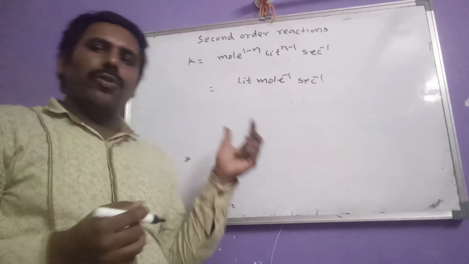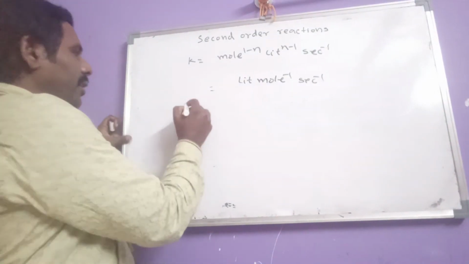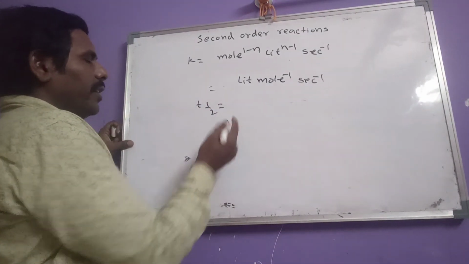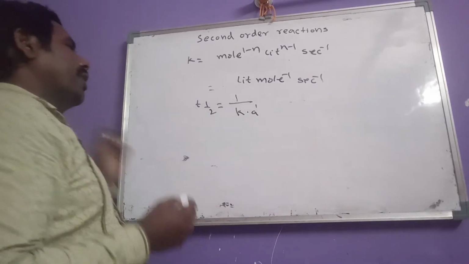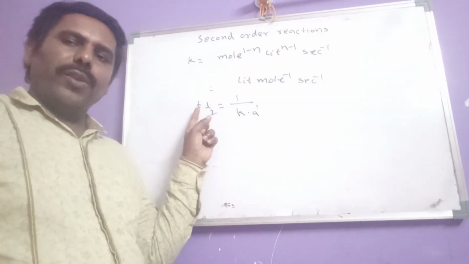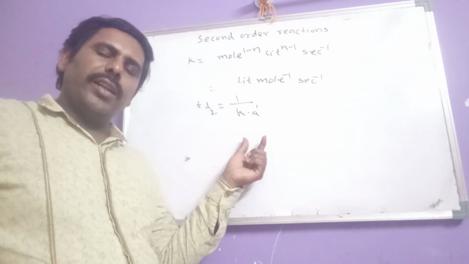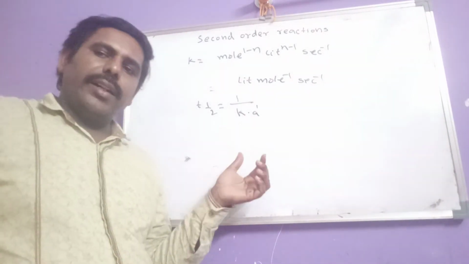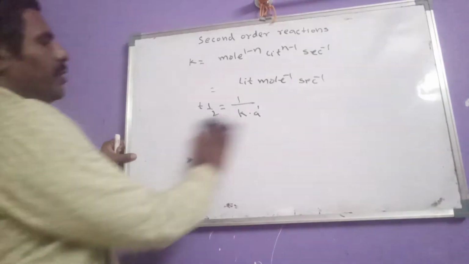These are the units of rate constant for second order reaction, and the half-life equation is 1 by k into a power 1. That means for a second order reaction, half-life time is inversely proportional to the initial concentration. So this is regarding second order kinetics.